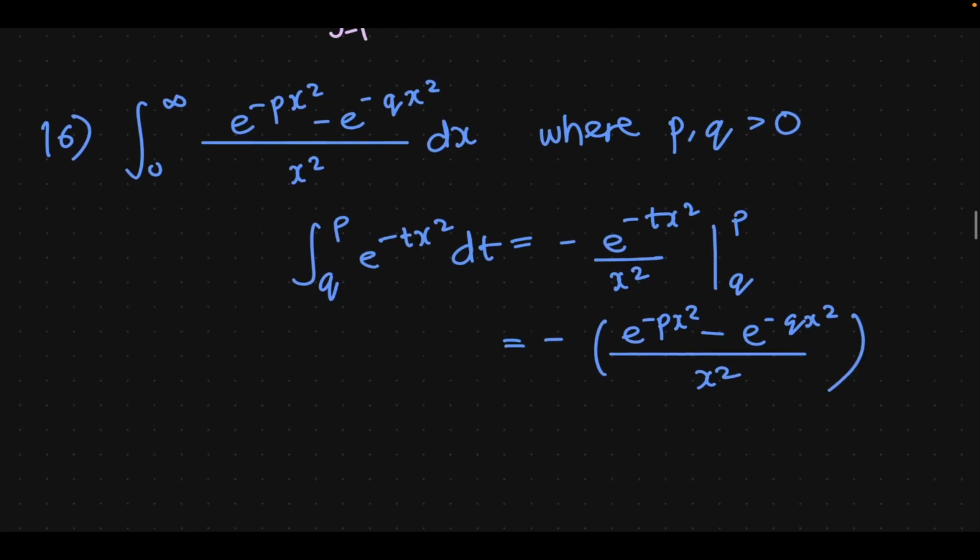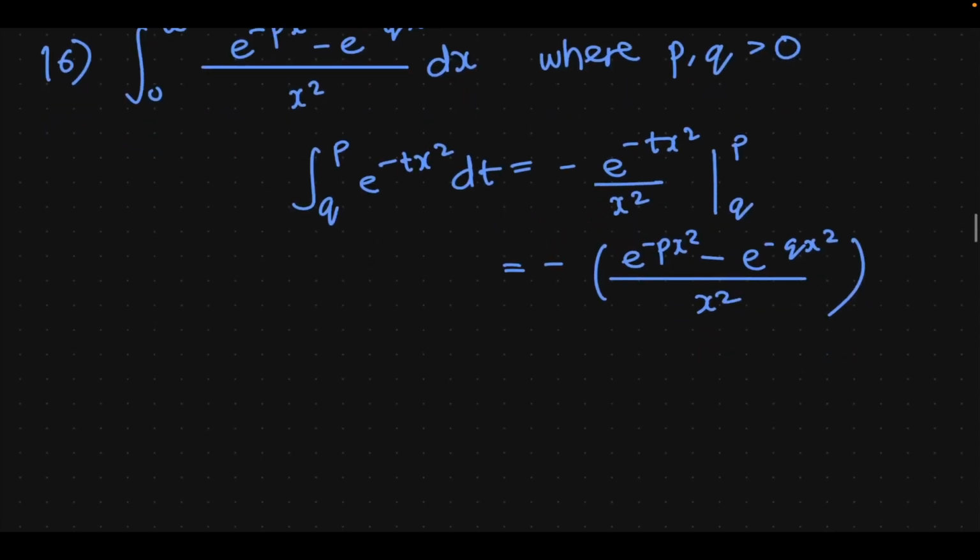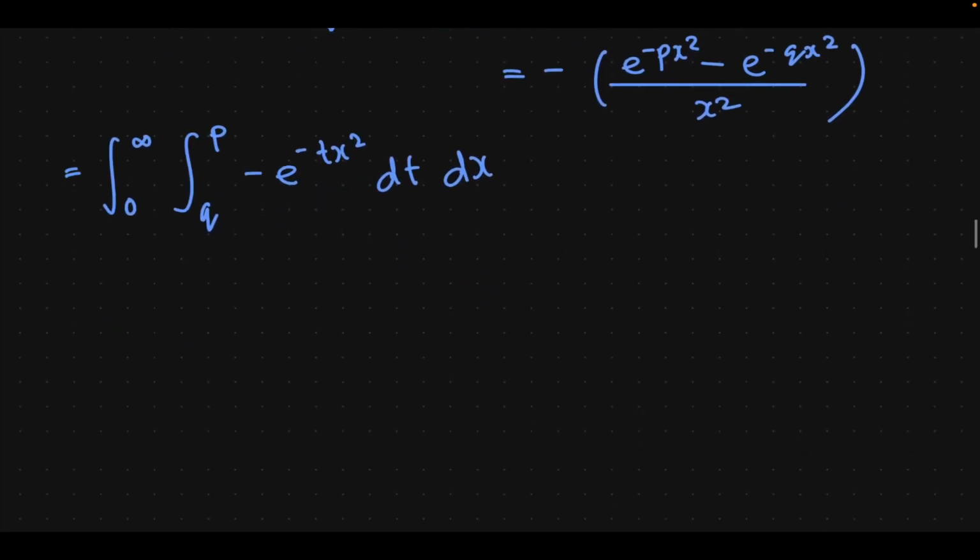So we have the same thing in the integrand here, it's just that there's this extra minus sign. So we have integral from 0 to infinity that was outside, and we introduce the separate integral from q to p of minus e to the minus tx squared dt dx. We can use the minus to flip the bounds of q to p to go from p to q, integral 0 to infinity, and I also interchange the integrals: e to the minus tx squared dx dt.